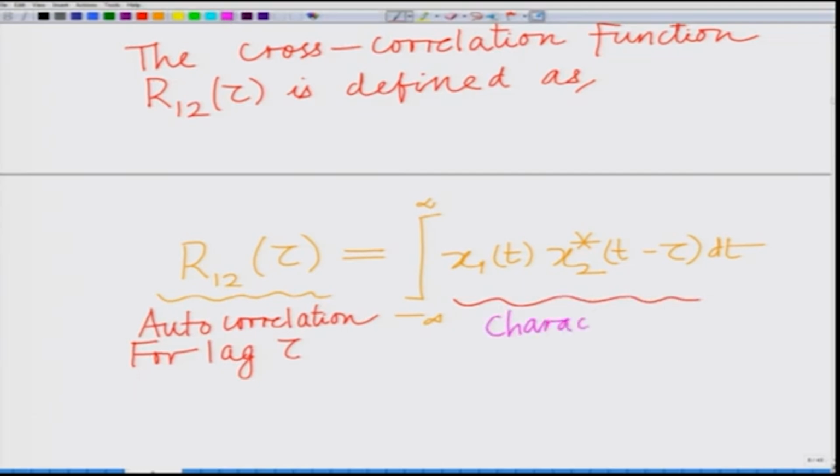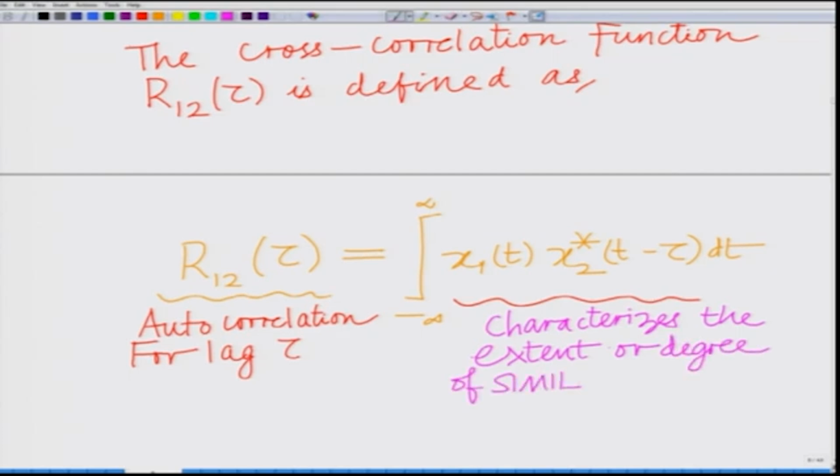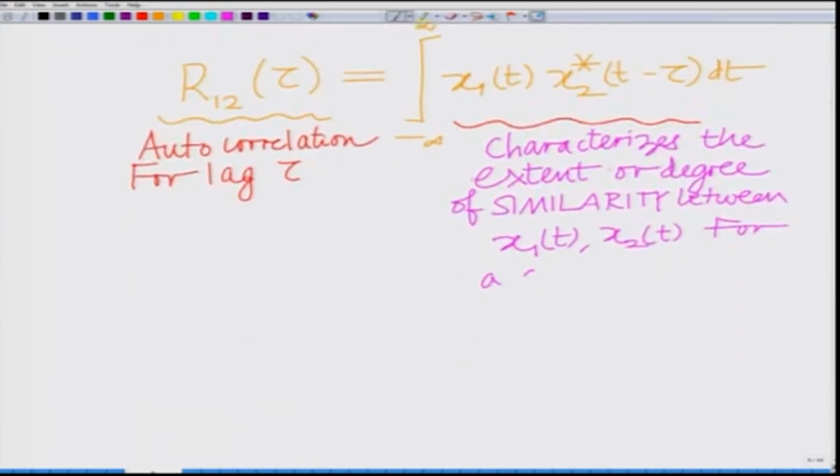It characterizes the extent or degree of similarity between x1(t), x2(t) for a lag or shift of tau, for a shift.